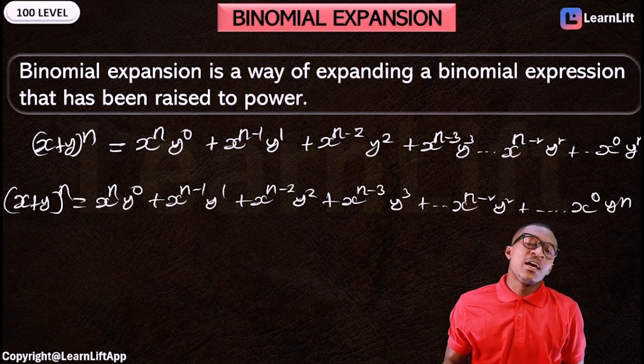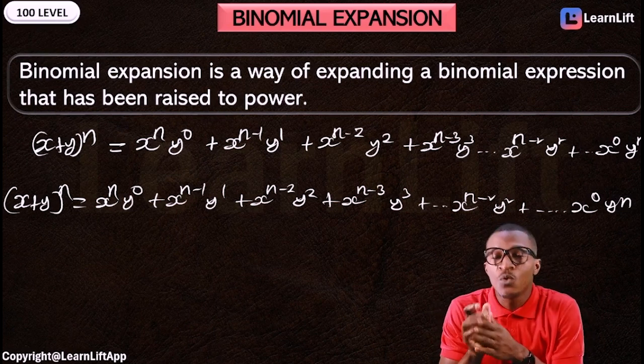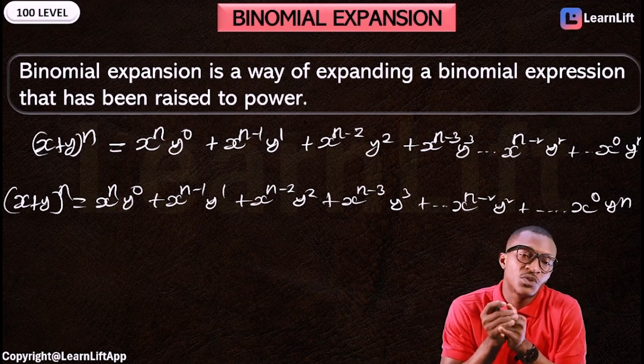So this is what we call the binomial expansion. For the last time, what's binomial expansion? It is simply a way of expanding a binomial expression that is raised to a power.